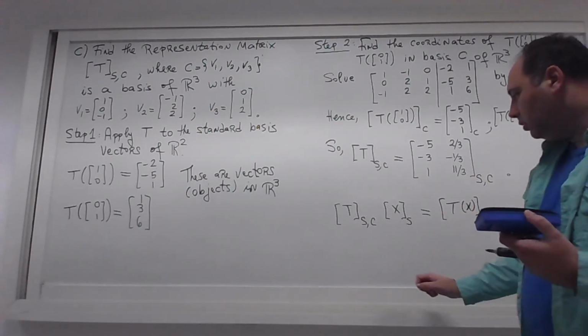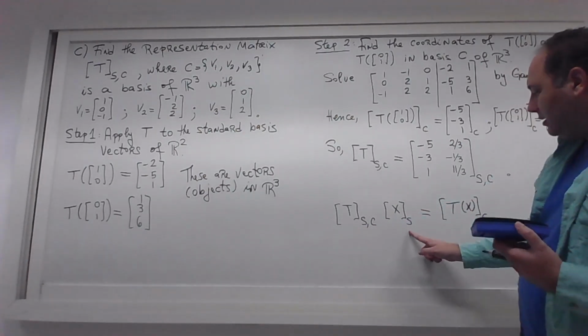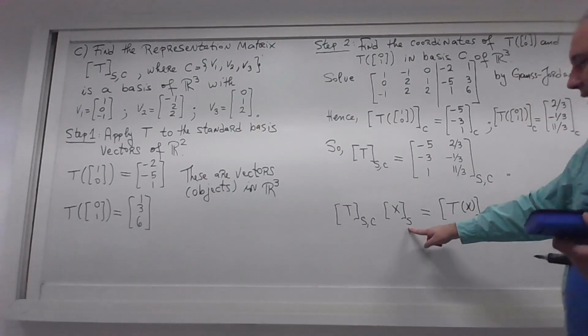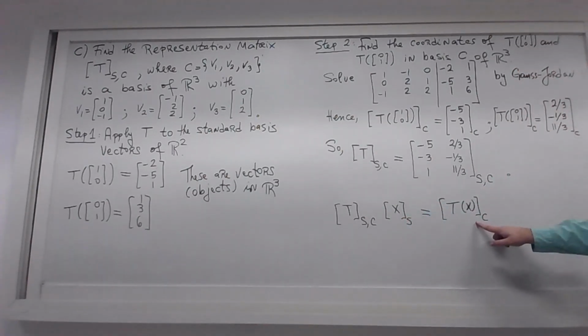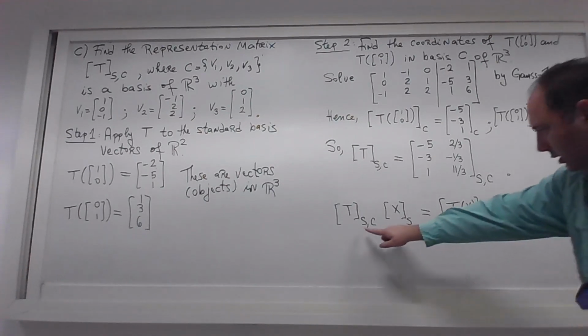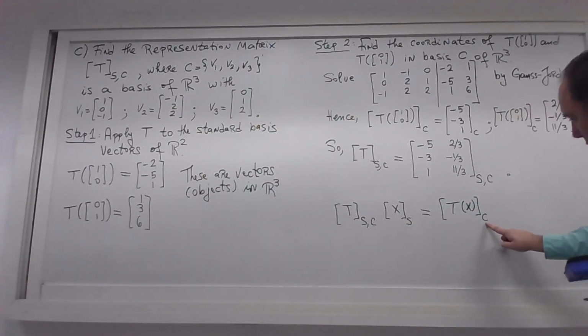So how do we use it? Well, this representation matrix multiplies the coordinates in standard basis of an object, and as a result you get the coordinates in basis C of the image. So coordinates of the inputs go in, coordinates of the outputs come out.